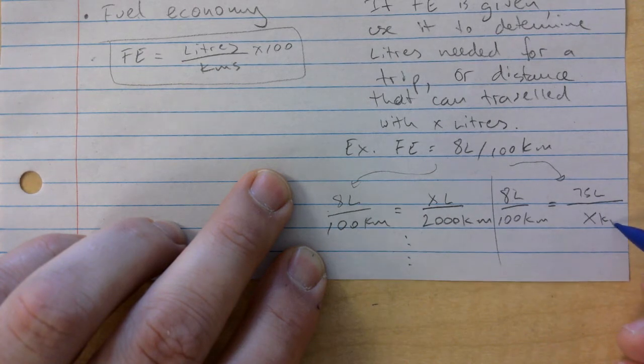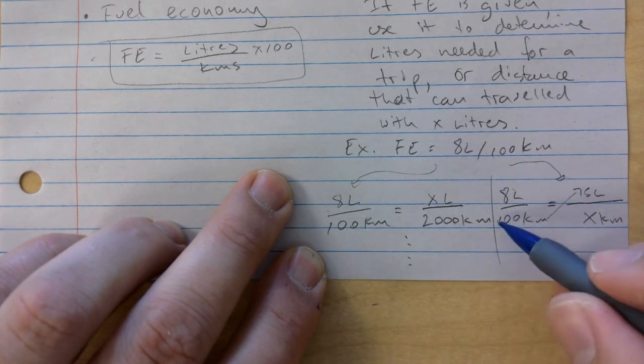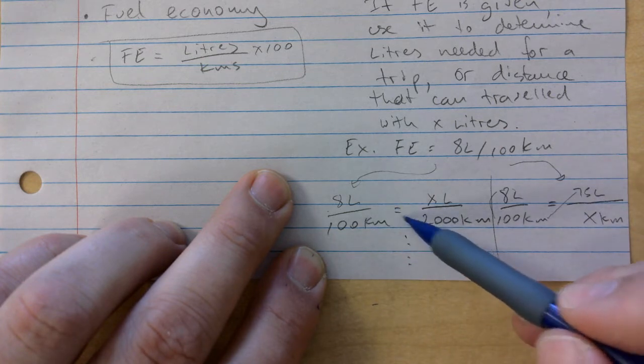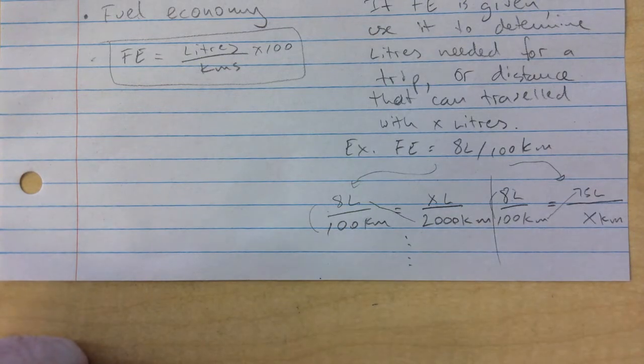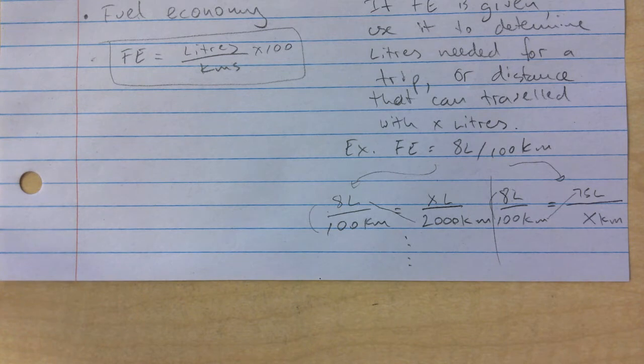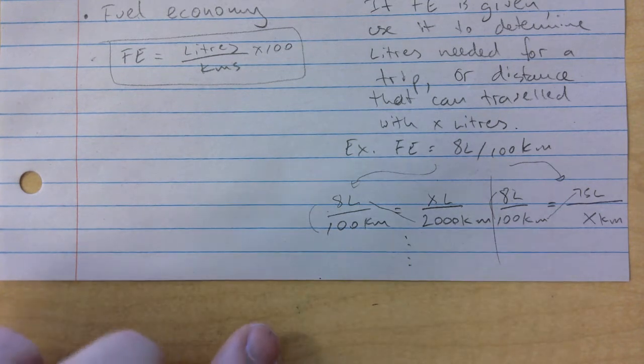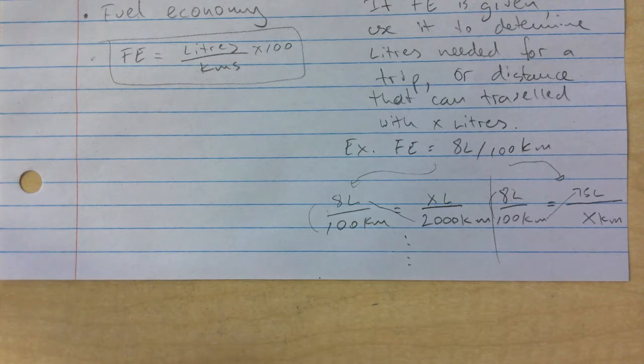What's the distance in kilometers that you could drive? So you cross multiply and divide here, or you cross multiply and divide like this, right? So they would each give you what you're looking for, okay? And this is just a very big overview, no details, but I just thought I'd go over that before we move on to the review part.